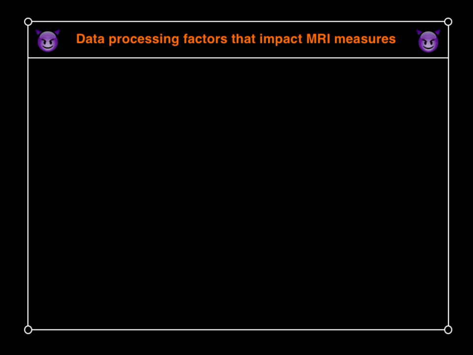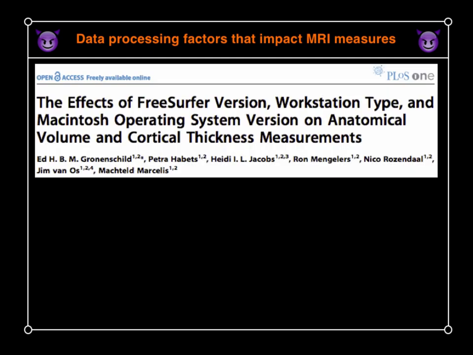The other issue: let's say you picked a scanner, you've acquired some data, everything went well, and you now have data. You're going to analyze your data now. First off, it's useful to remember that things like FreeSurfer version and even Linux version matter.